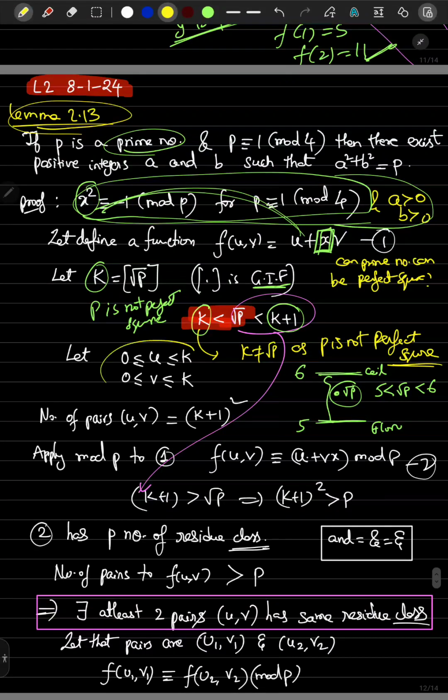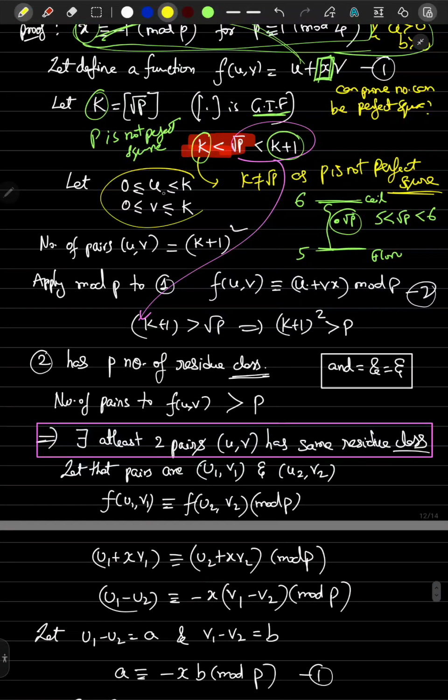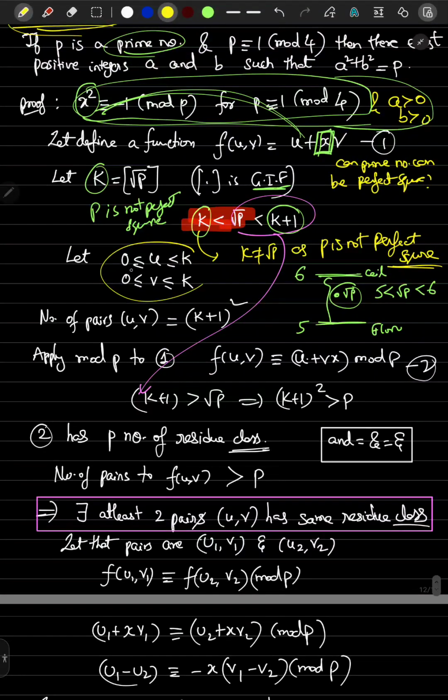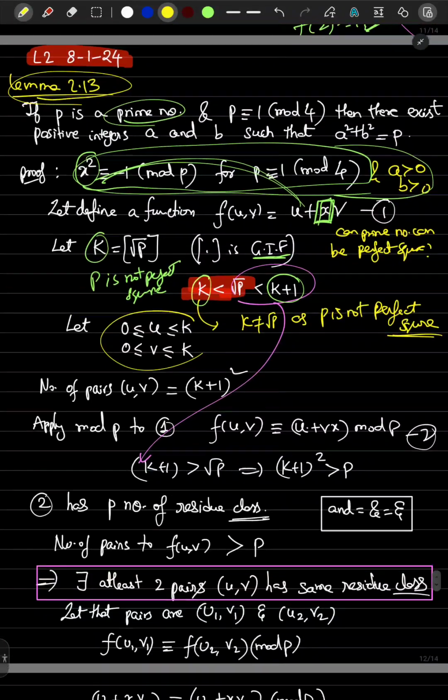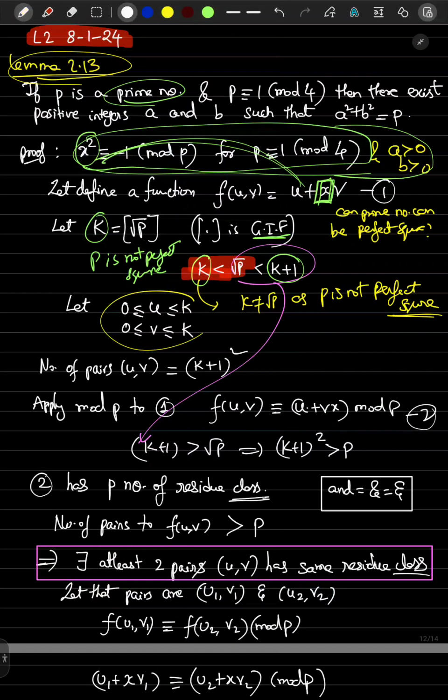So let us define u and v such that their values will be only from 0 to k. Now I am asking, how many pairs are possible?